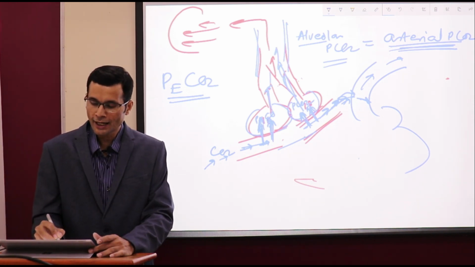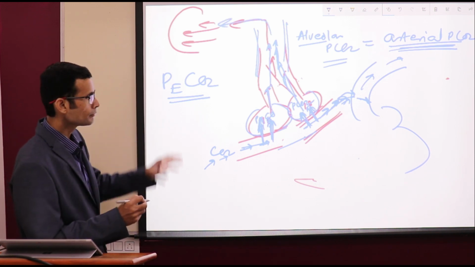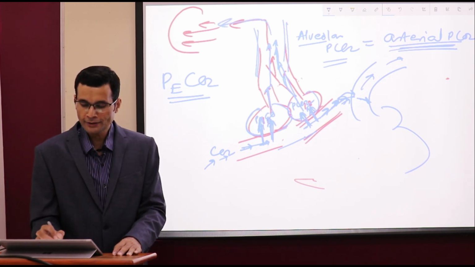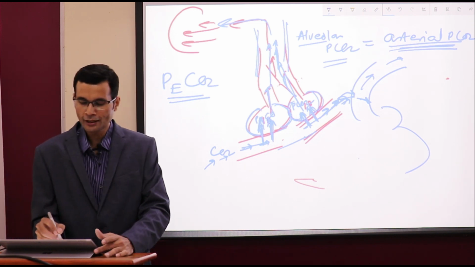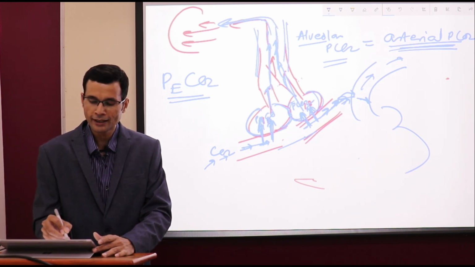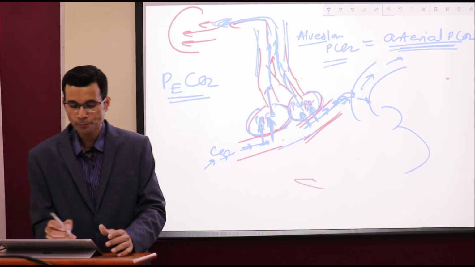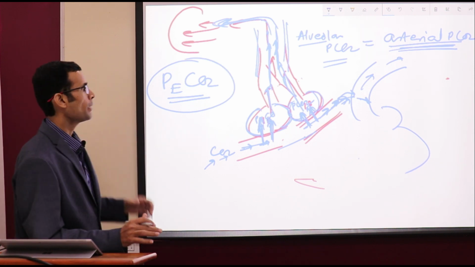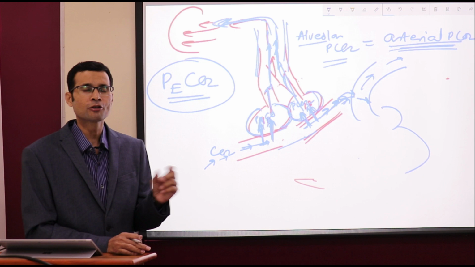It will mix with the anatomic dead space air, and it will start coming out. So alveolar PCO2 is going to be diluted by the anatomic dead space air, and it starts coming out, and we measure the expired PCO2. PeCO2 is the partial pressure of carbon dioxide in the expired air, or we just measure the content of carbon dioxide.